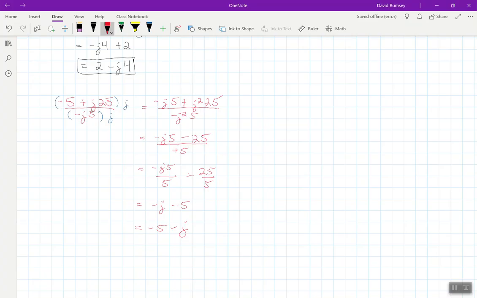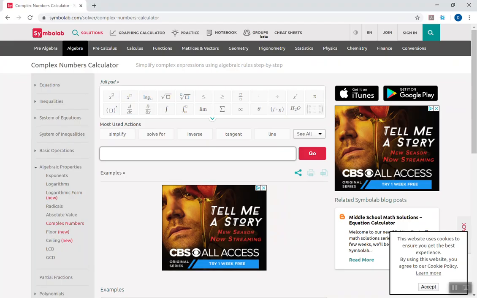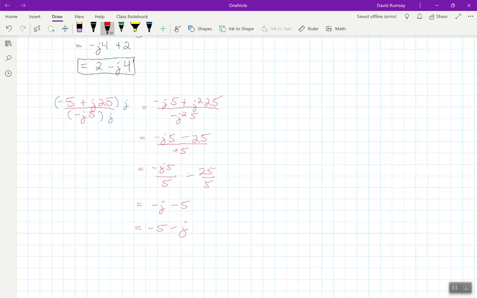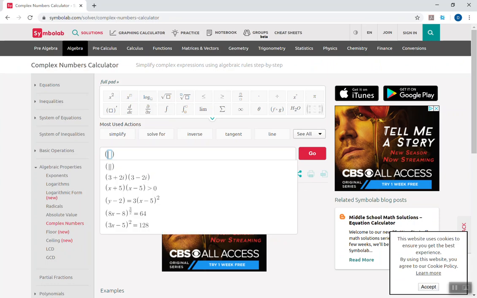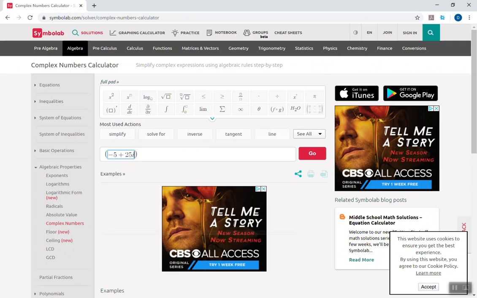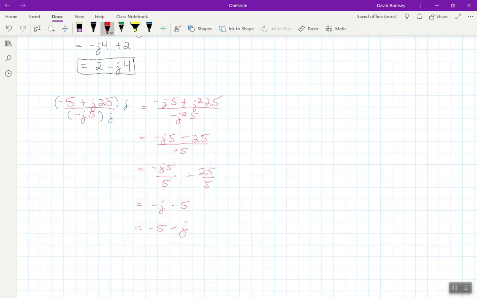So I'm going to do this minus 5 plus j25 divided by negative j5. So when entering it in a calculator, first off, especially if you have the ability, you need to make sure to put this in parentheses. So I'm just going back and forth because I can't remember. Minus 5 plus 25, and then I'll just go ahead and do i.